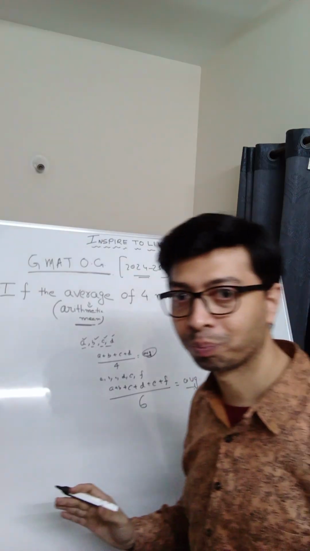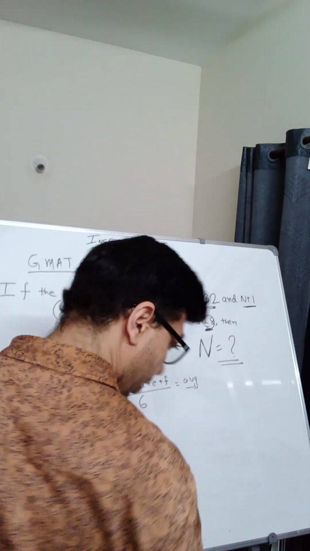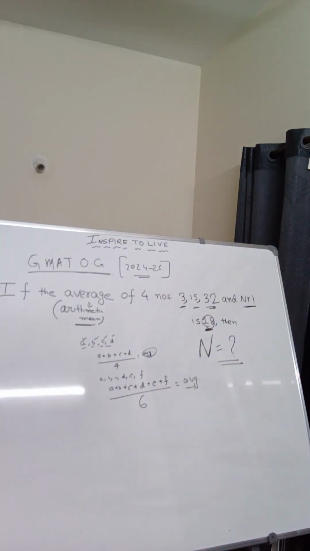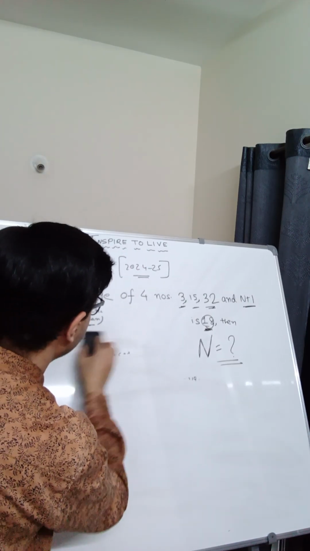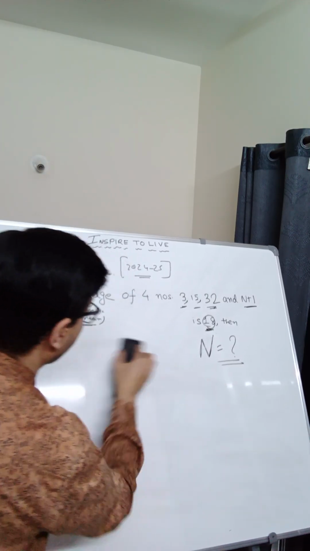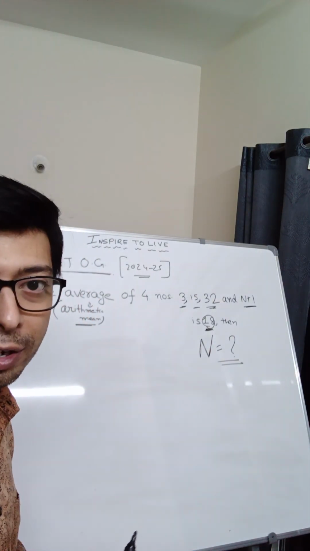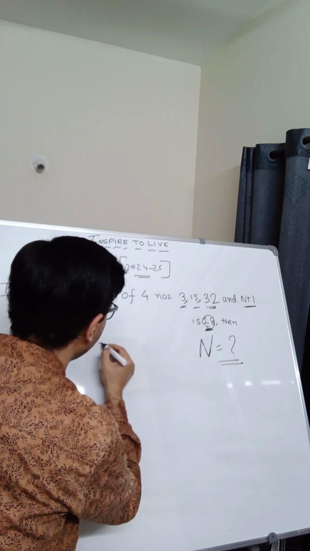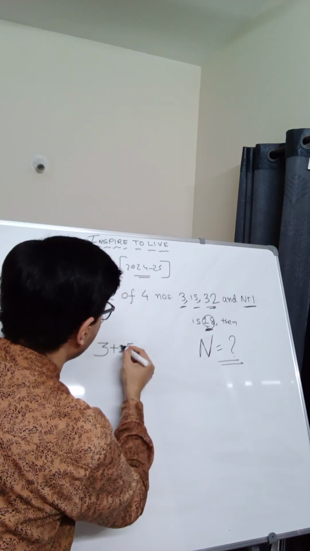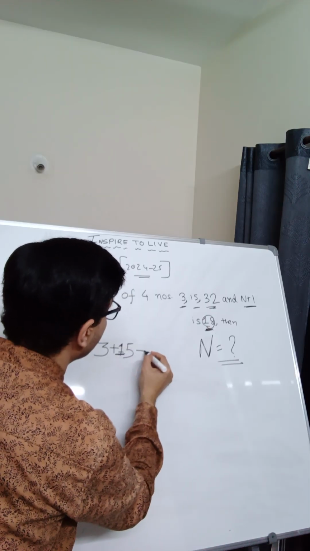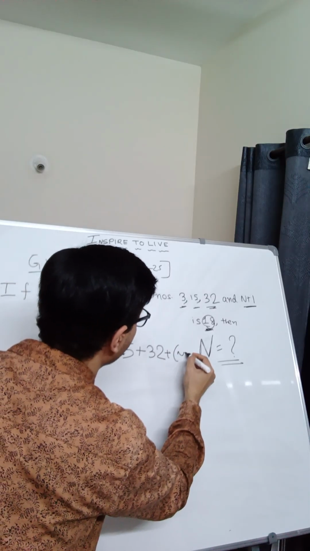So what are the numbers we have? Let me rub this off so it becomes easier to write here. The numbers we have are 3 plus 15 plus 32, so we have four numbers including n plus 1.